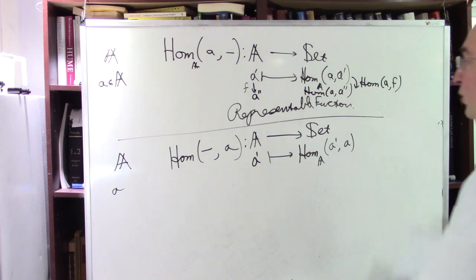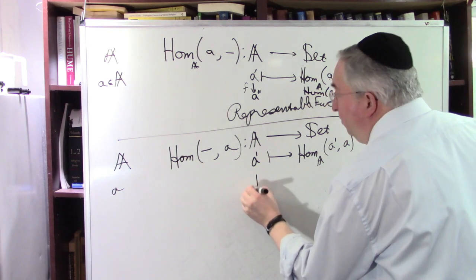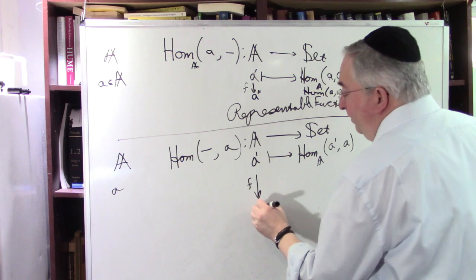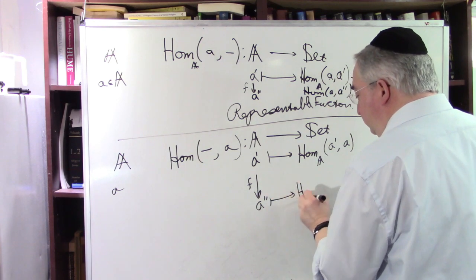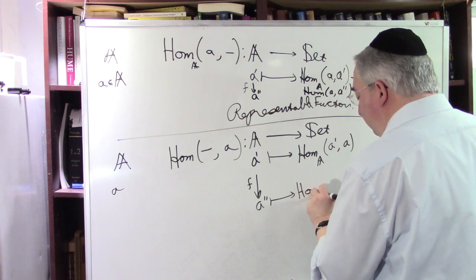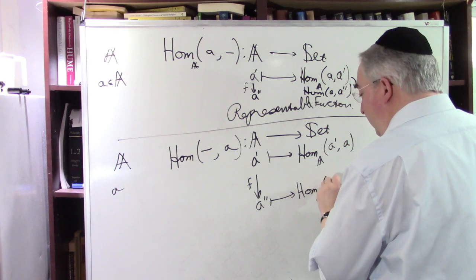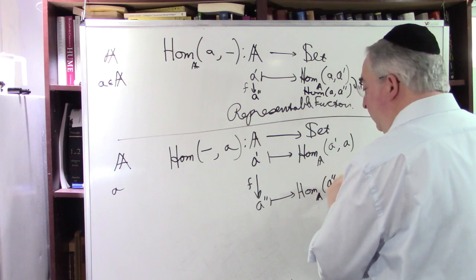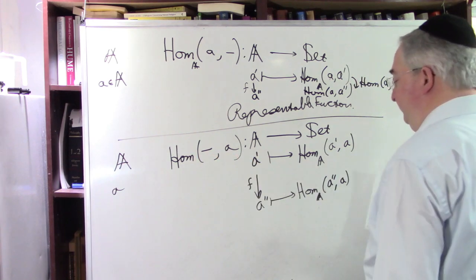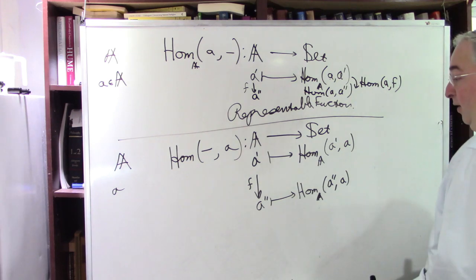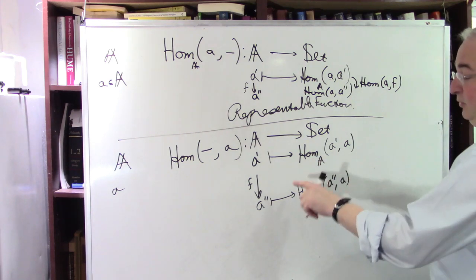Very nice. Great. Let's say we have a homomorphism F from A prime to A double prime. And guess what? This is going to go to Hom of A double prime to A. That's what it does. Now, this morphism, how does it work?